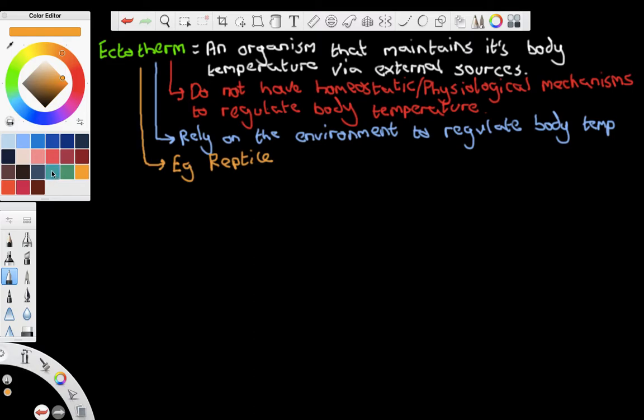It's a big word, I know. So, most are poikilotherms. And we're going to define that anyway, so if you can't read that, don't worry.